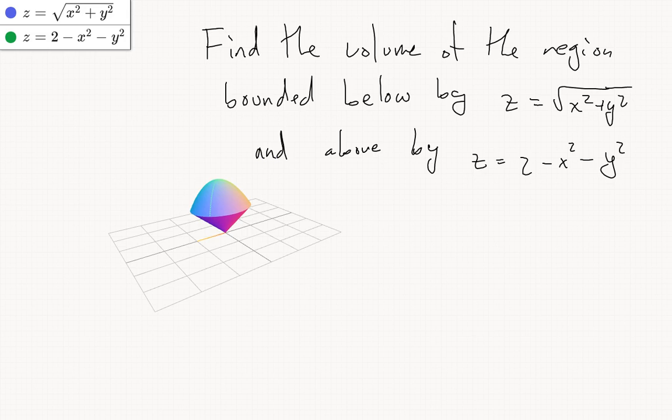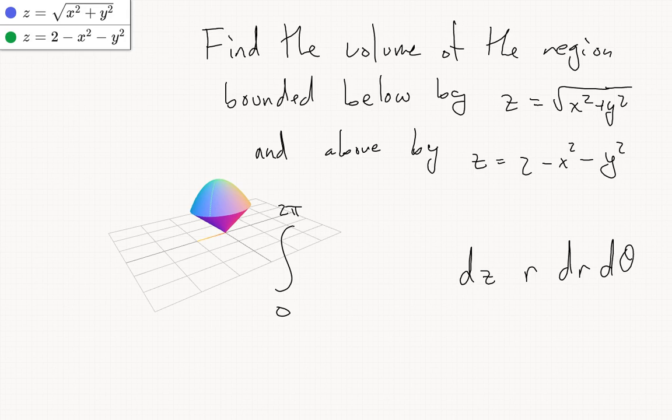So this looks like a good problem for cylindrical coordinates. So we'll take some integral. Let's do it in the order dz r dr d theta. So theta, you can see, will go from 0 to 2 pi.